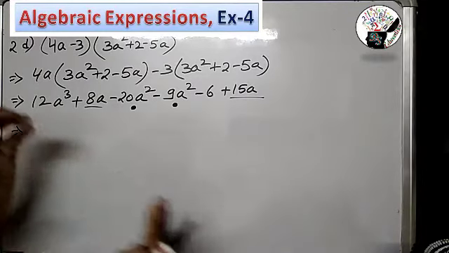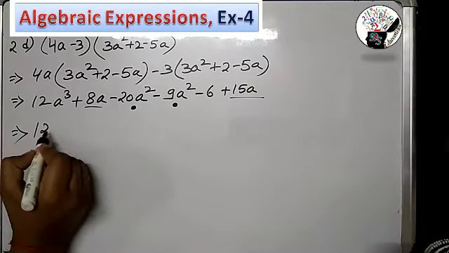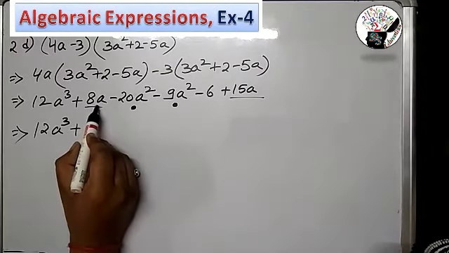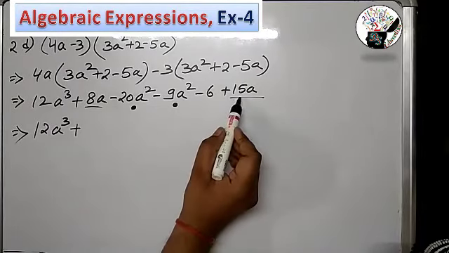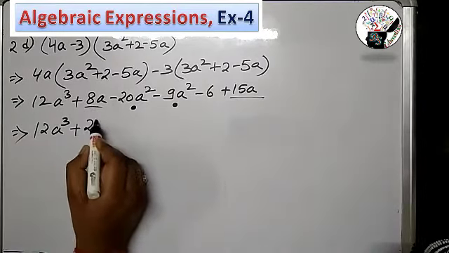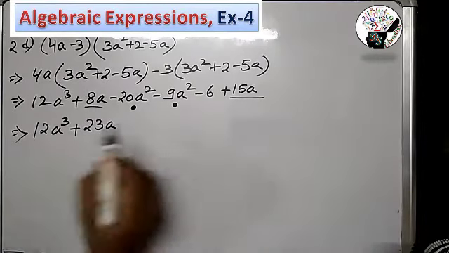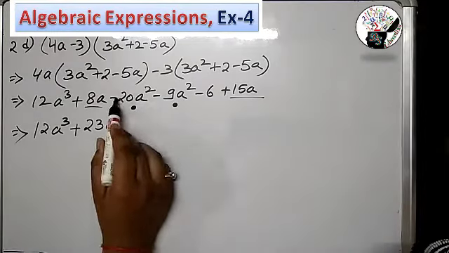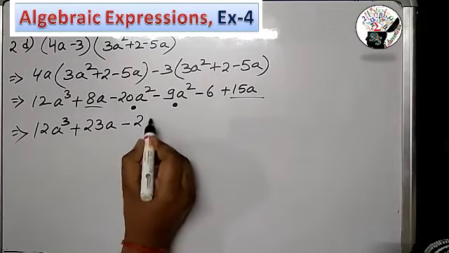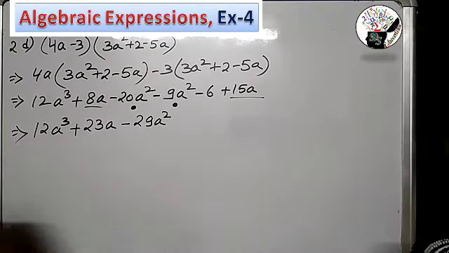So we will solve the like terms, that is 12a cube plus, now it is 8a and here it is 15a. So 15 plus 8, how much will you get? 23, that is 23a. Now here 20a and these two are both minus, so the sign will be minus, and it will become 29a square minus 6.